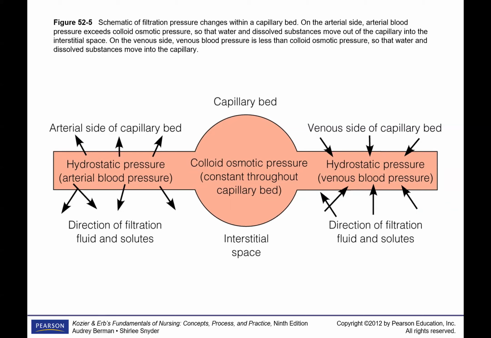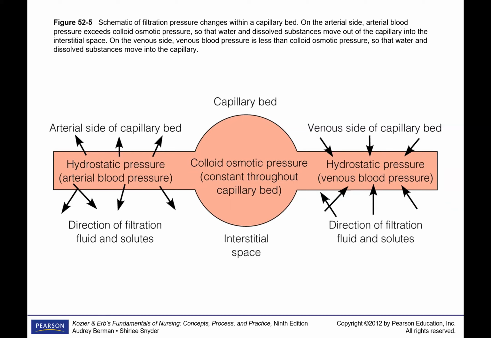Now, the other pressure that we have in the capillary bed is our hydrostatic pressure, or our blood pressure. We know the arterial blood pressure is higher than venous blood pressure. So on the left here, it shows our hydrostatic pressure being high, which it's supposed to be.